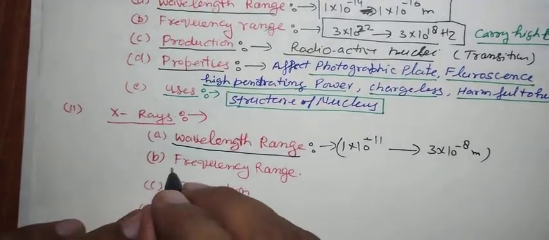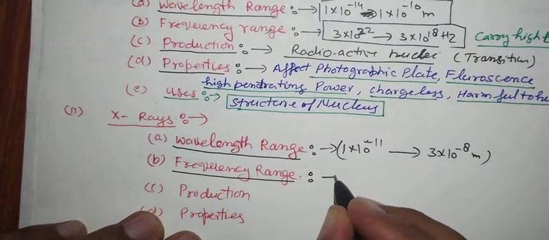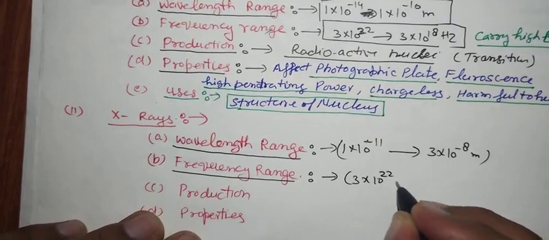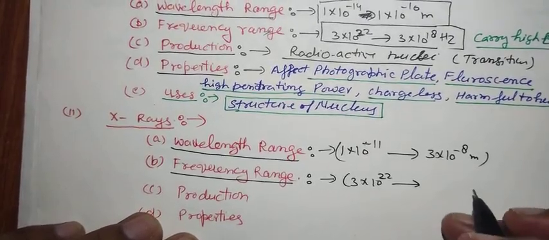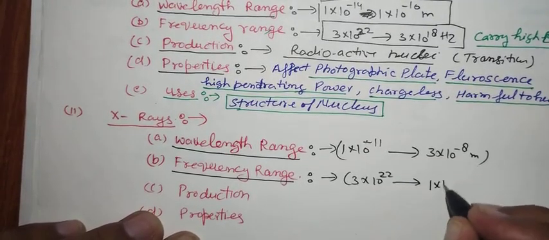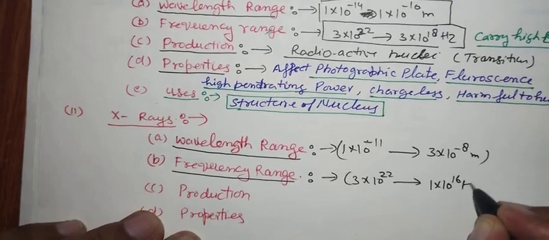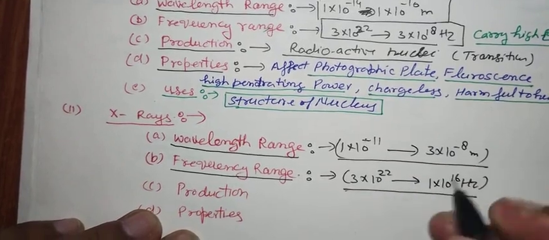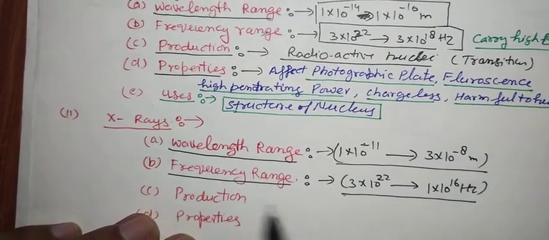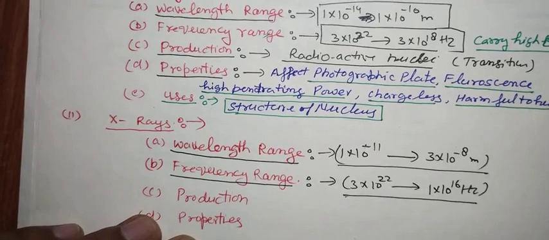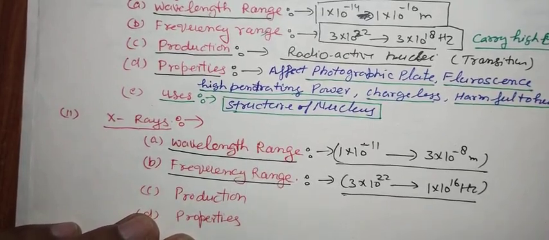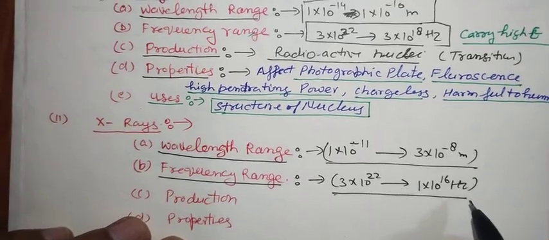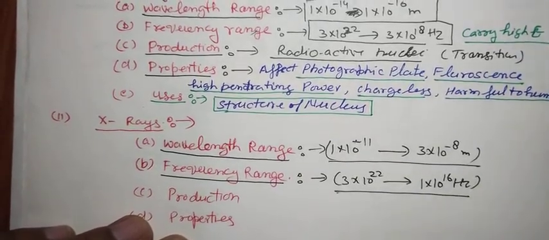In that condition, its frequency range decreases from 3 into 10 to the power 22 hertz to 1 into 10 to the power 16 hertz. So X-ray has less energy than gamma rays. Gamma rays carry maximum energy, but X-rays also carry energy.